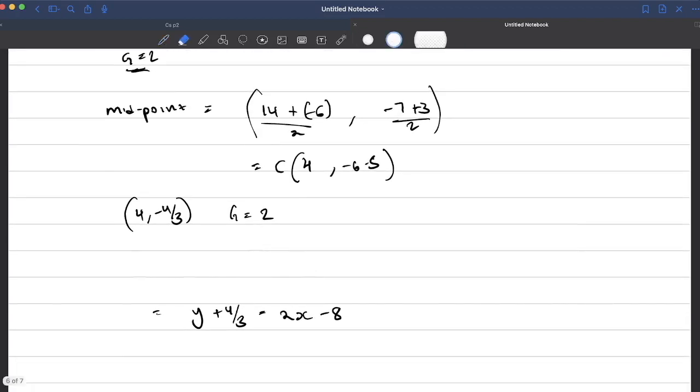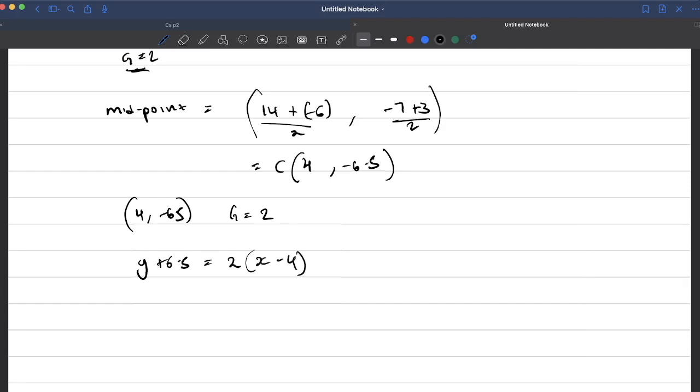Okay, so I have to do this a bit again, because I got a funny answer, it just cannot be that. Okay, so y plus 6.5 equals 2x minus 4. y is equal to 2x minus 8 minus 6.5. Okay, so that will be minus 8 minus 6.5. What am I doing?